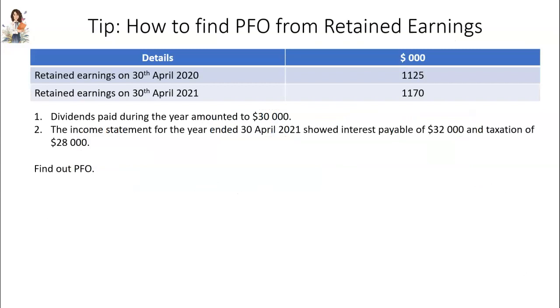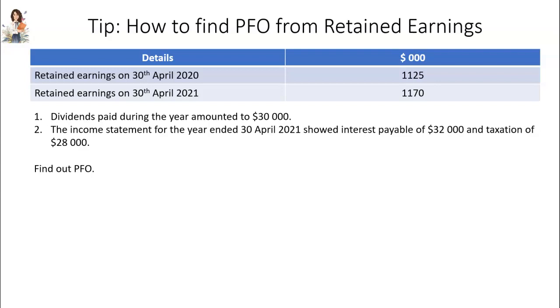Let us now look at a sum to find out profit from operations when we are given retained earnings. We have been given retained earnings on 30th April 2020 and we have been given retained earnings a year later on 30th April 2021. We have been given the dividends paid during the year and we have been given the interest payable and the taxation.